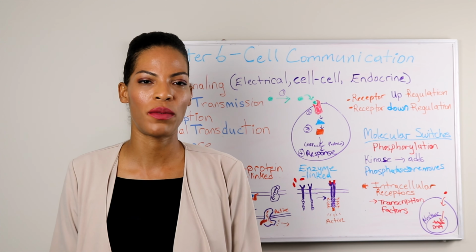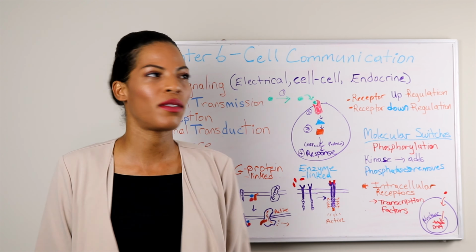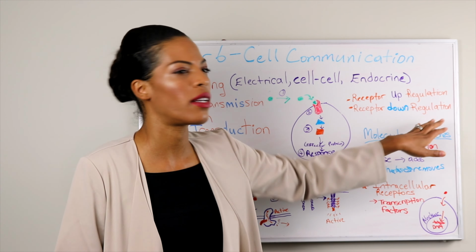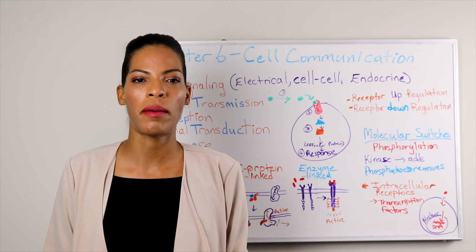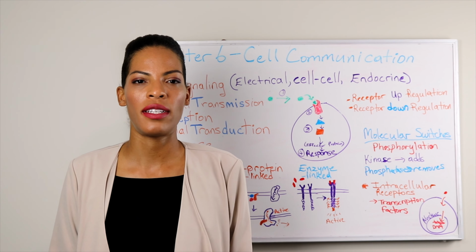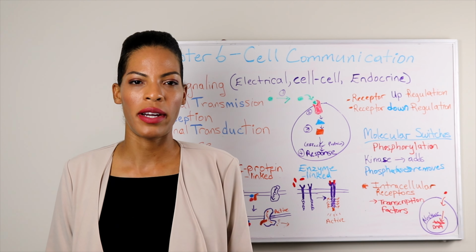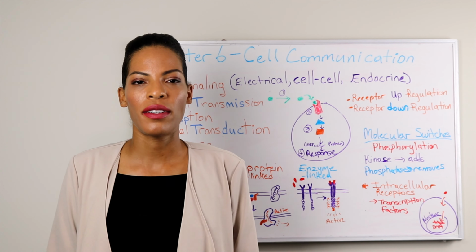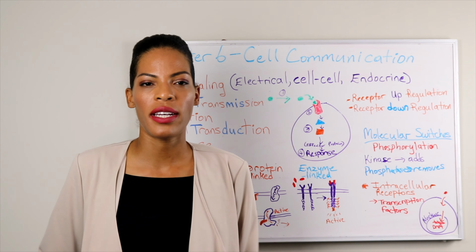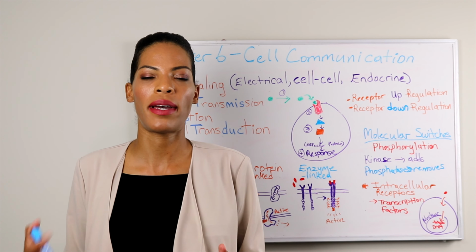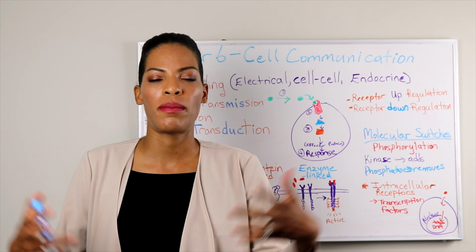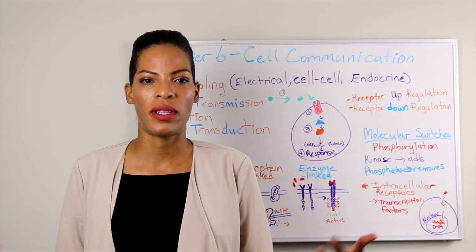And so sometimes what your cell will do is what's known as receptor downregulation, which is pretty much to take those receptors out of the membrane because there's not much need to respond to the environment at that time. So your cells are very dynamic. They go between adding lots of receptors and taking them out depending on the need for signal interaction with their environment.